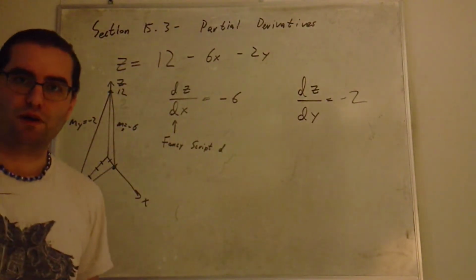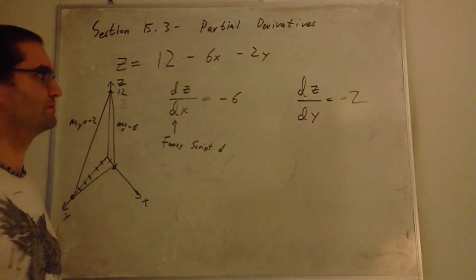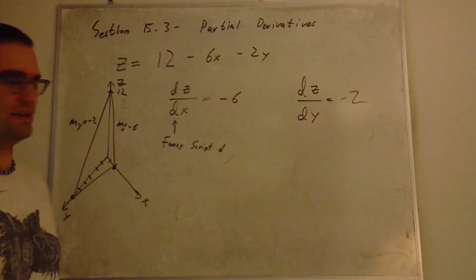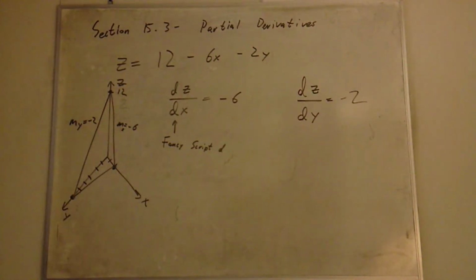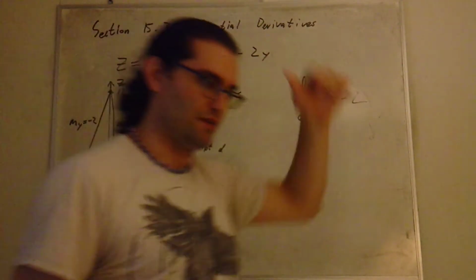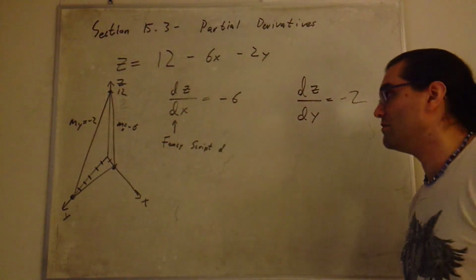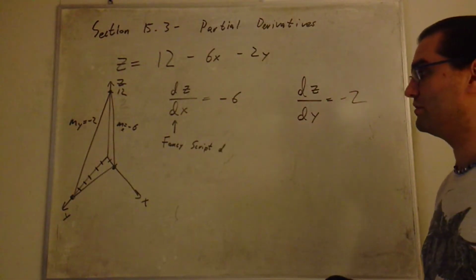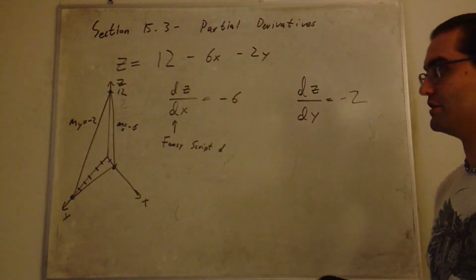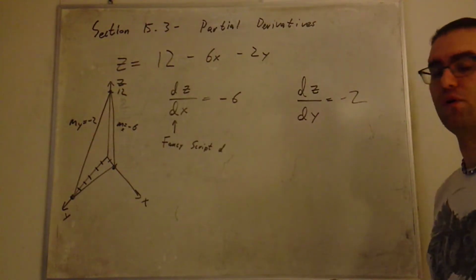That's partial derivatives. This is a really easy example. Most of the questions in this section are not going to ask you much for geometric interpretations of these things. Mostly they're just going to ask you for finding partial derivatives. And so we're going to do more of that.